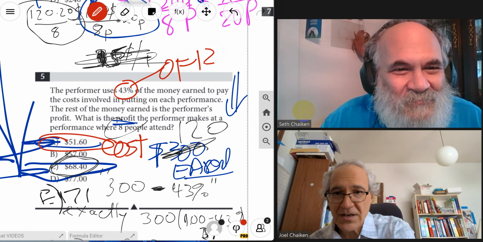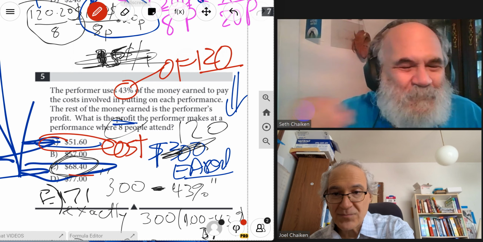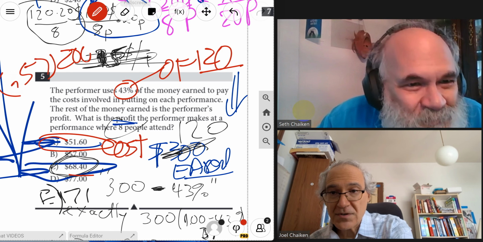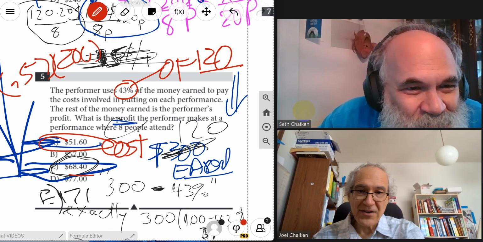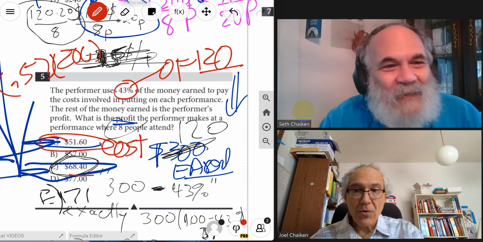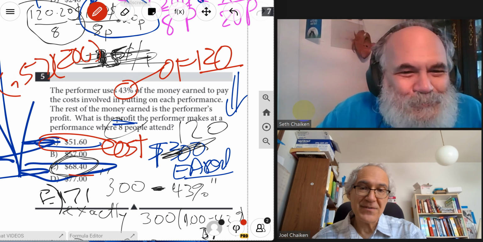And his profit is the difference between this and the 120, which is 68.4, or the profit is 0.57 of 120. So you could do it two ways. First, you could do 43% of 120 and then subtract from 120. Or you could subtract 43 from 100% to get 57% and do it that way too.